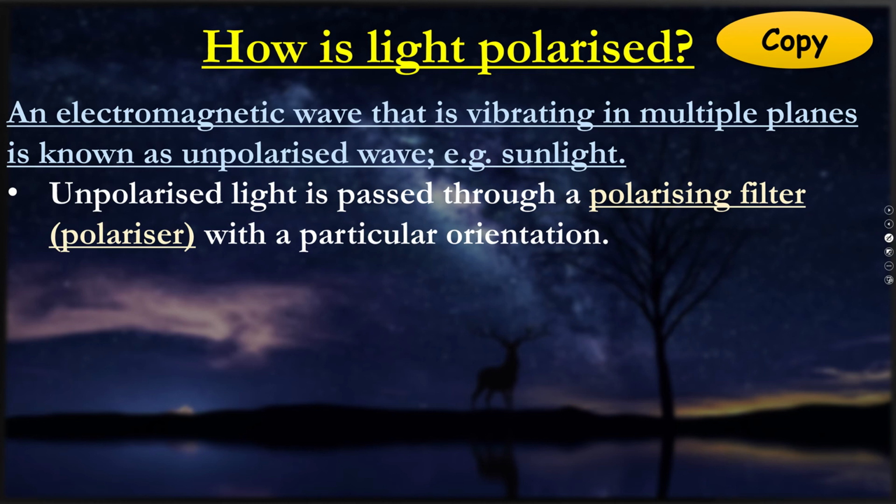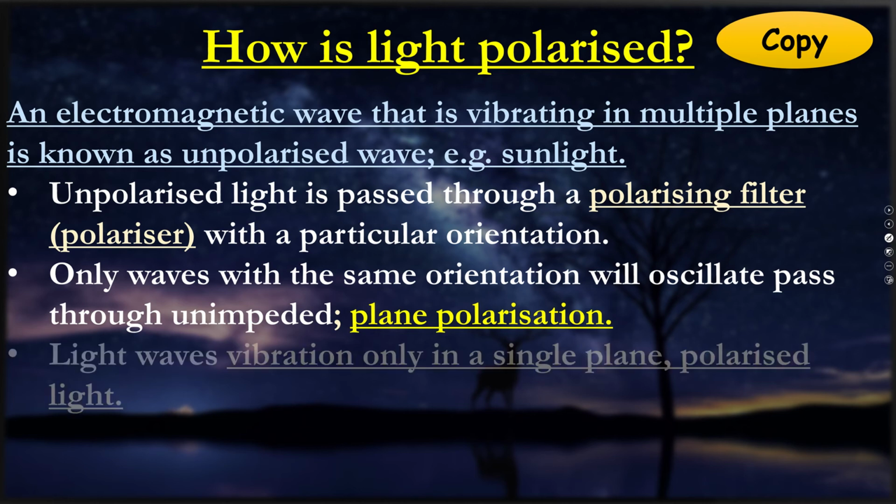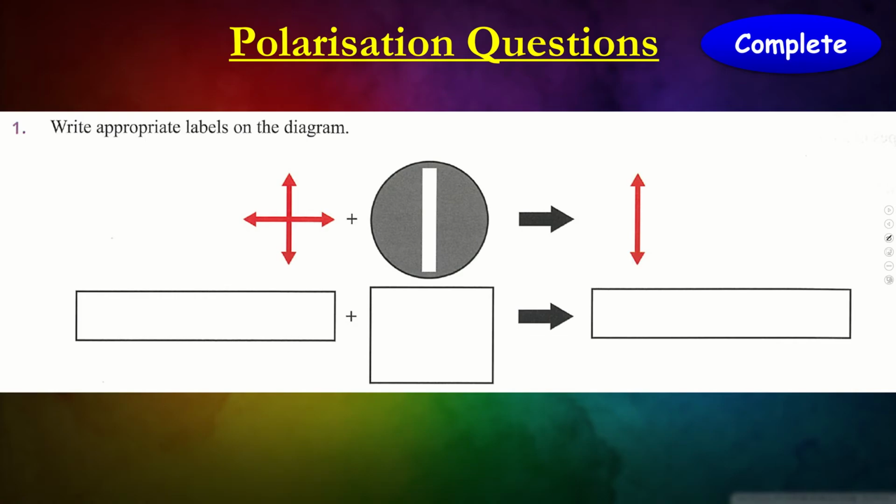Okay, so unpolarized light is passed through a filter in that particular orientation. The wave of that same orientation will be the only one that passes through. We call that plane polarization, and light vibrates only in a single plane. That's what we have with polarized light. So let's try and show this as an example. Here we have unpolarized light because it's vibrating in all directions.